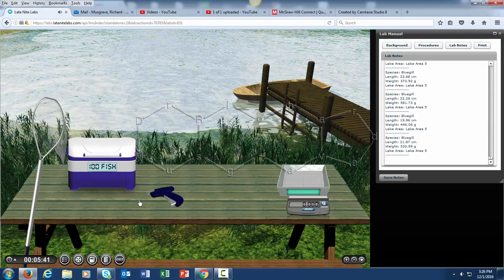Okay, so I've collected the fish. Now I have to re-tag them. Alright, measure it, re-tag it. Notice it's now a red tag. We throw it back in the water. Yeah, so don't forget to tag them. It's the main thing.